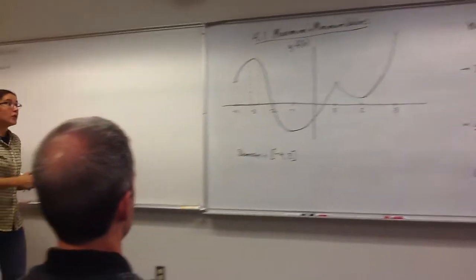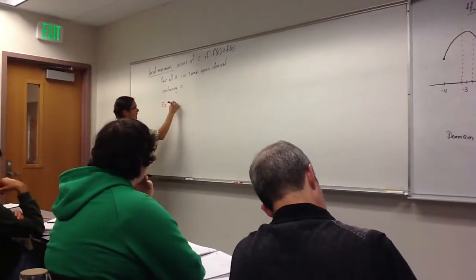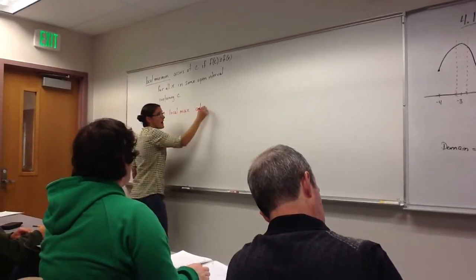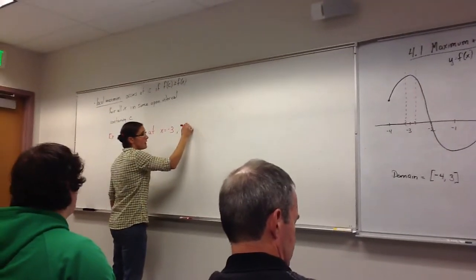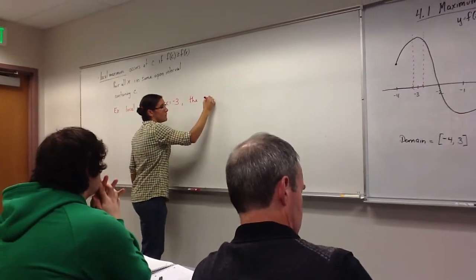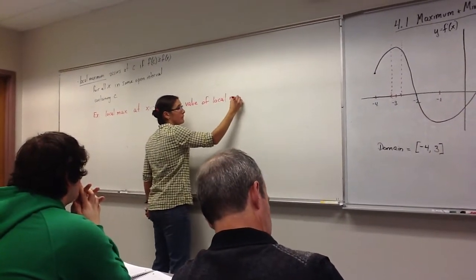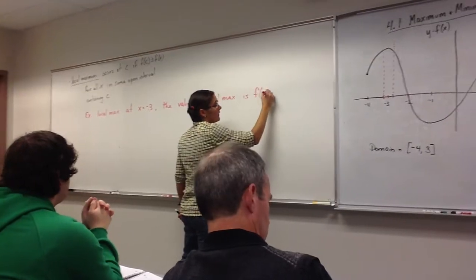And so we have a local maximum in our example. Local max at x equals -3, and the value of the local maximum is whatever the y value is, so f of -3.